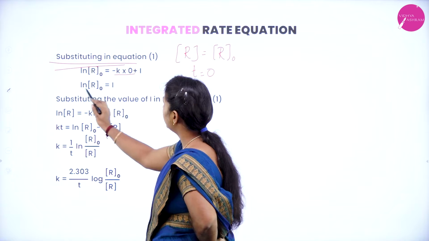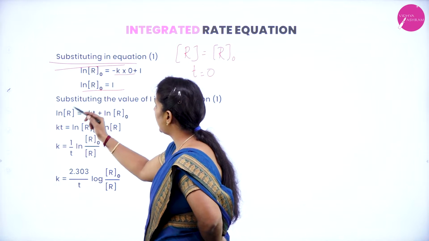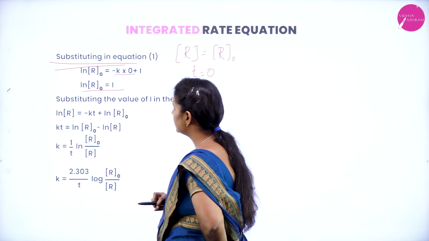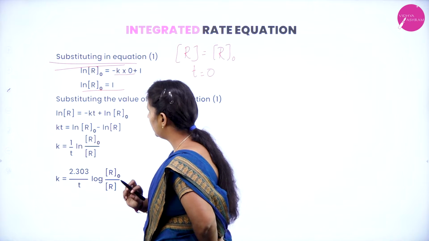So by substituting the value of I in the first equation, you will get ln R equal to minus kt plus ln R naught. Here I have taken kt outside.